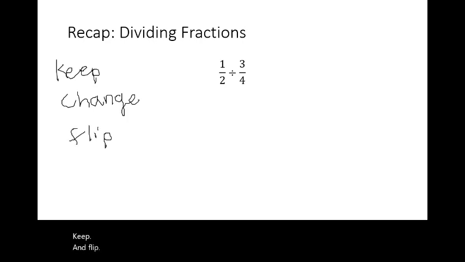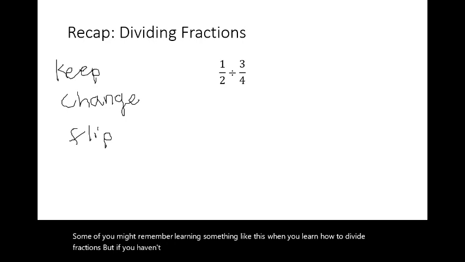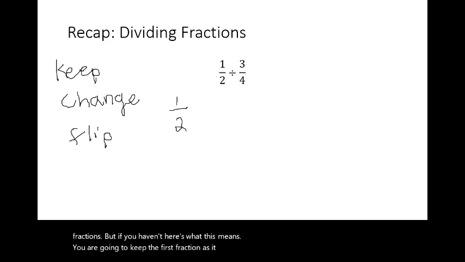Some of you might remember learning something like this when you learned how to divide fractions, but if you haven't, here's what this means. You are going to keep the first fraction as it is, 1/2. You're going to change the division to multiplication. Then you are going to flip the second fraction, which involves taking its reciprocal. So the reciprocal of 3/4 is 4 over 3.